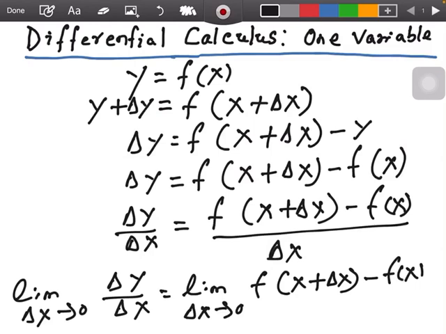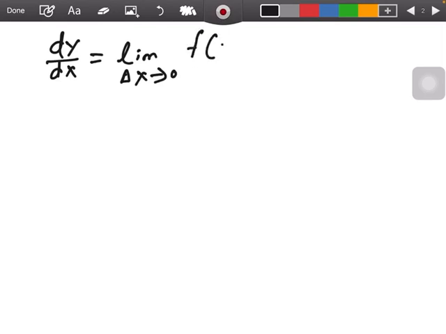And limit delta x tends to 0 of delta y by delta x will be written as dy by dx, that is derivative of y with respect to x, is equal to limit delta x tends to 0, f of x plus delta x minus f of x divided by delta x.